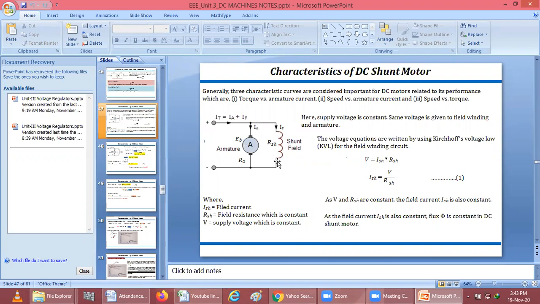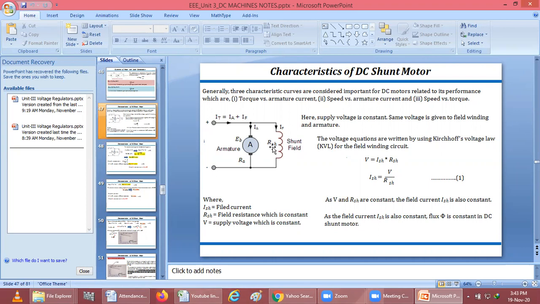Here the impedance is RSH. Actually, this is the field winding, which means we are using an inductor. What do we use for winding? An inductor. But when we derive the equations for voltage and current, we need the impedance. That's why I am calling RSH an impedance.